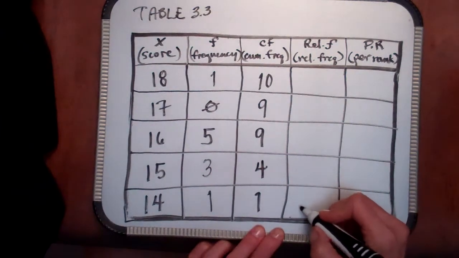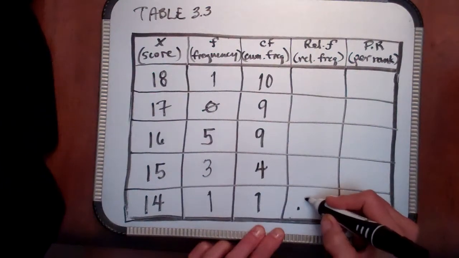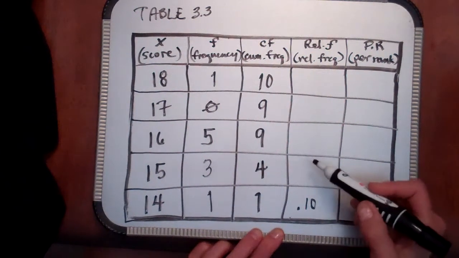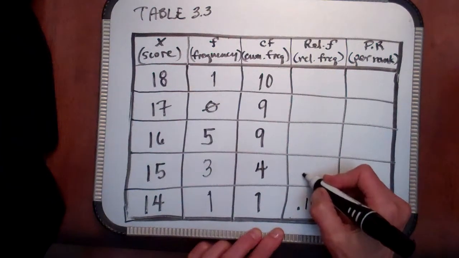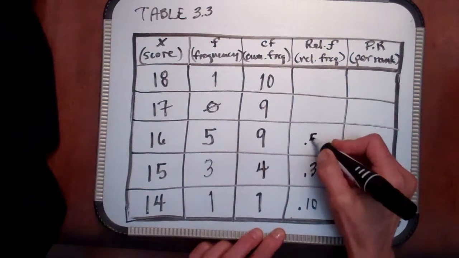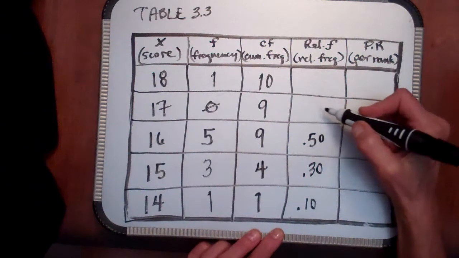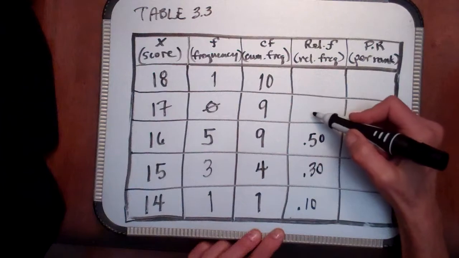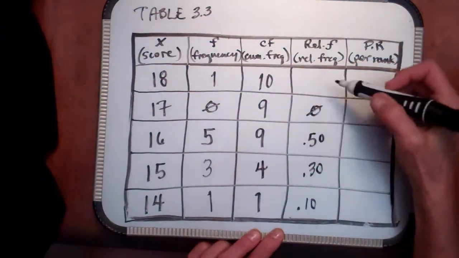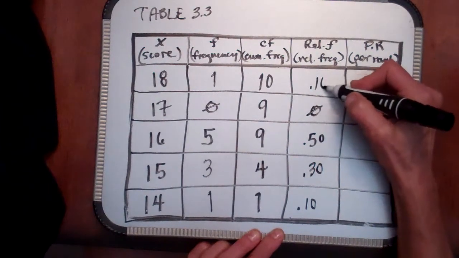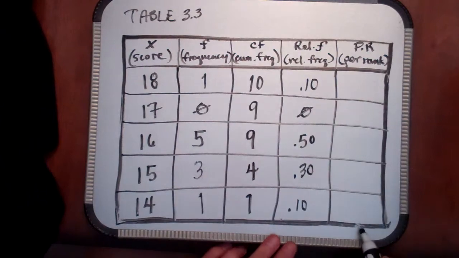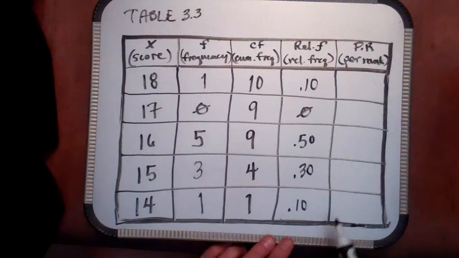So 1 divided by 10 is 0.1, 0.10, or you could say 10%. 3 divided by 10 is 0.30. 5 divided by 10 is 0.50. 0, of course, this is 0. And 1 divided by 10 is again 0.10.